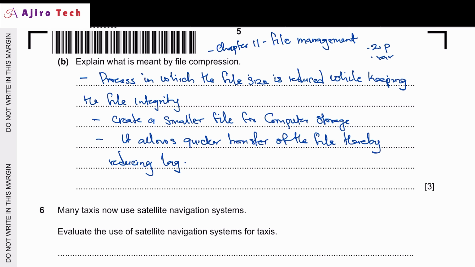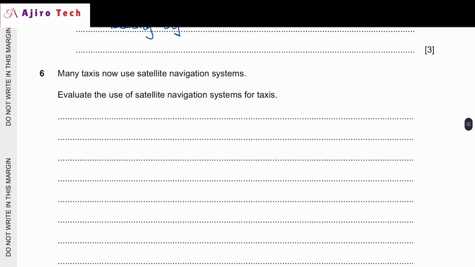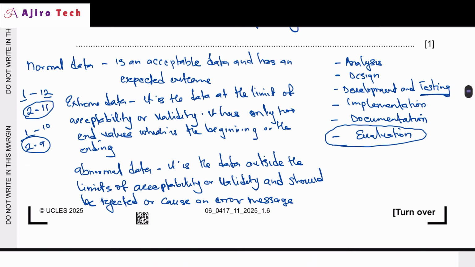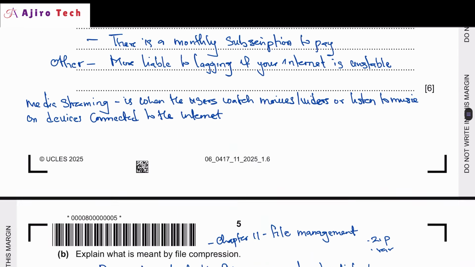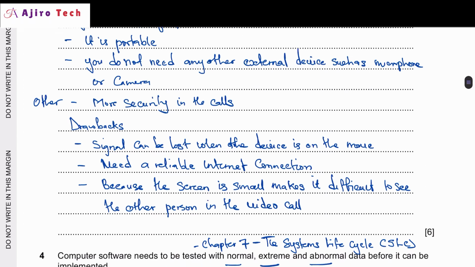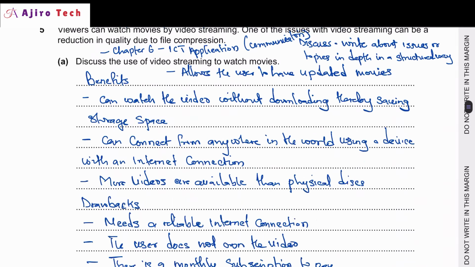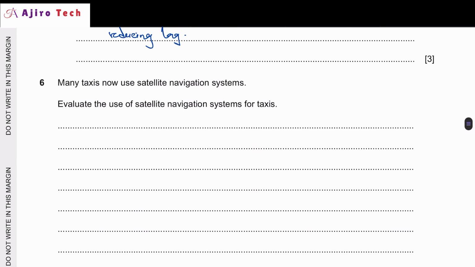Many taxis now use satellite navigation systems. Evaluate. We've talked about when you are judging something. I talked about it here. Yes, to judge the quality and importance of something. So taxis are now using satellite navigation systems.